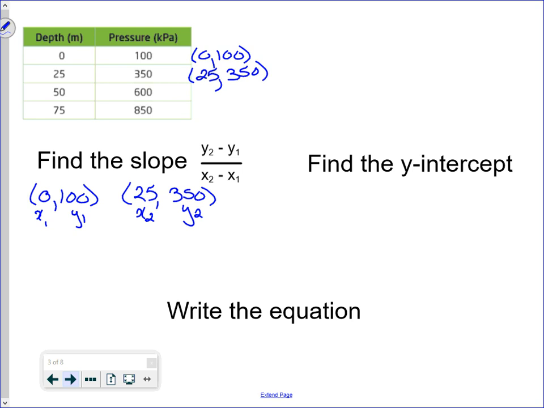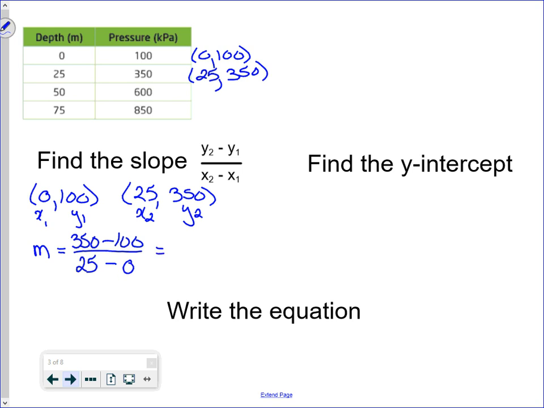So now I'm going to substitute my x and y values into the slope formula. So I'm going to start with y2, and slope is represented by m. So our y2 is 350, and I'm going to subtract the y1 value of 100. And in the denominator, I'm going to start with the x2 value of 25 and subtract the x1 value of 0.